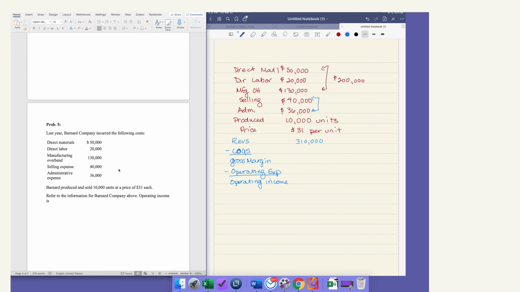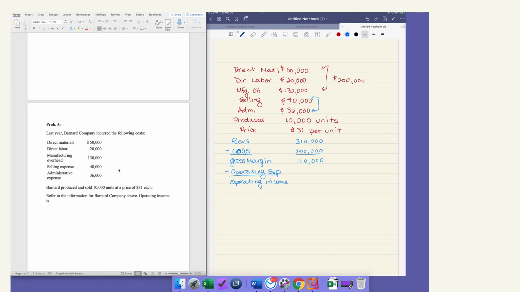Because it's $31 per unit times 10,000 units, and our cost of goods sold was $200,000 because it was $20 per unit times 10,000 units. So that gives us a gross margin of $110,000.